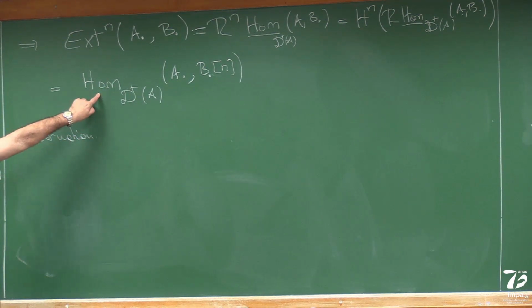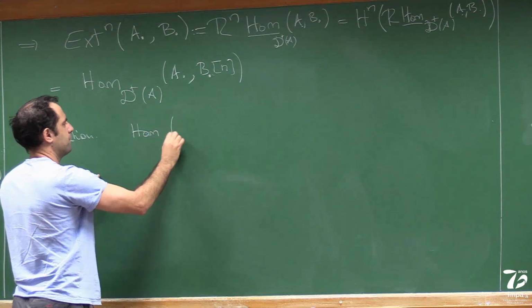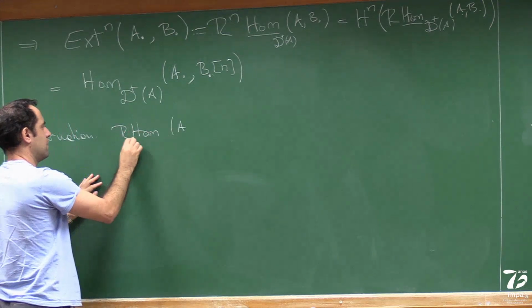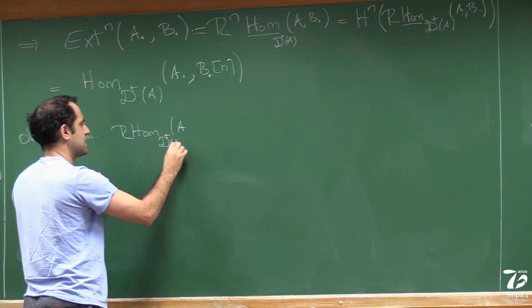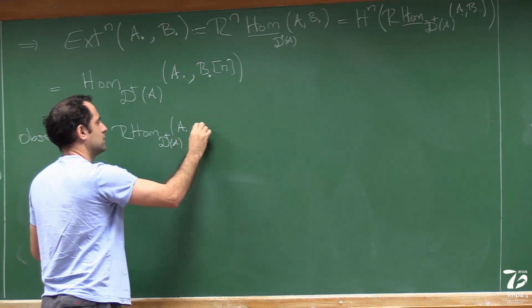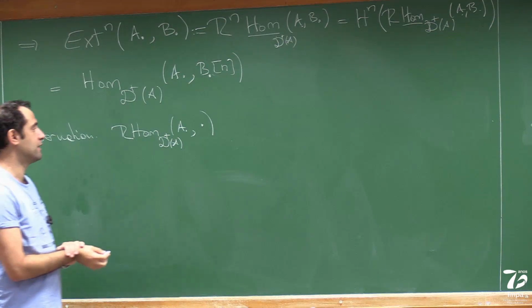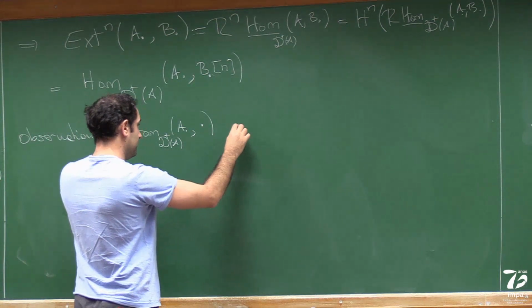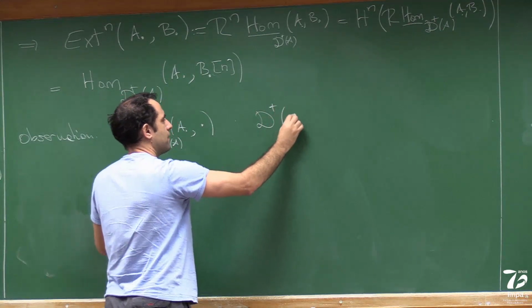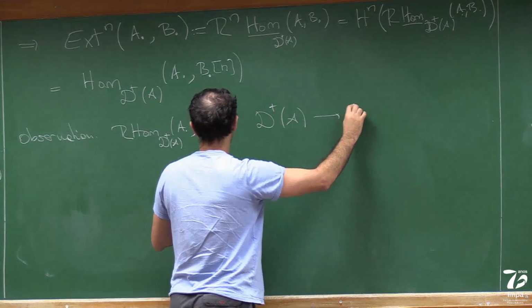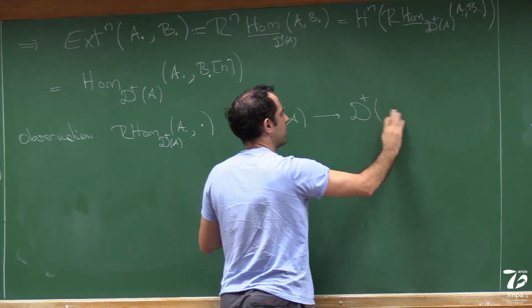So this functor here is well defined. So R Hom in D^+(A), like this. This guy is well defined from D^+(A) to D^+ of abelian groups.